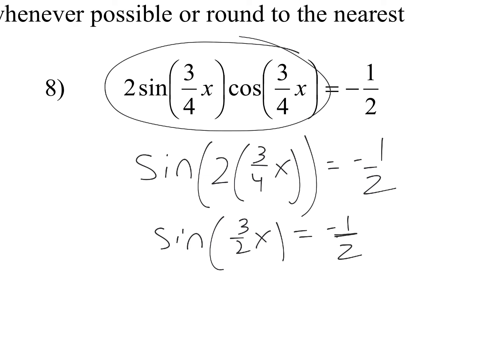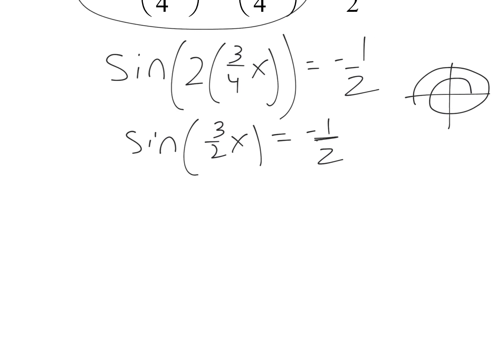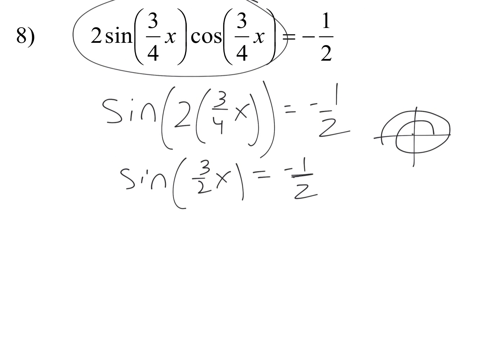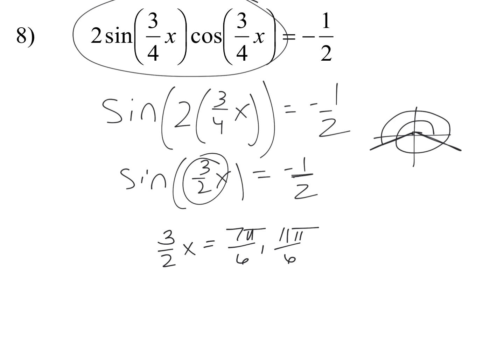With 3/2, what we want to look for is 1.5 rotations around our unit circle. So I get sine equals -1/2 at quadrants 3 and 4. So I actually only get 2 solutions in the first place. So I get 3/2 x equals 7 pi over 6 and 11 pi over 6, because those are the only 2 rotations within my actual given rotation value.